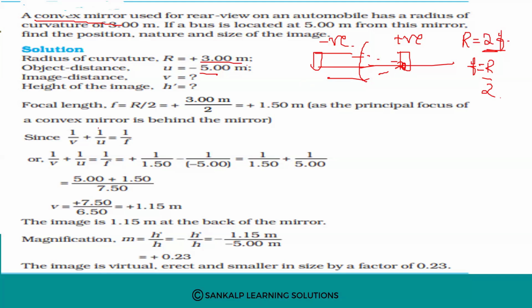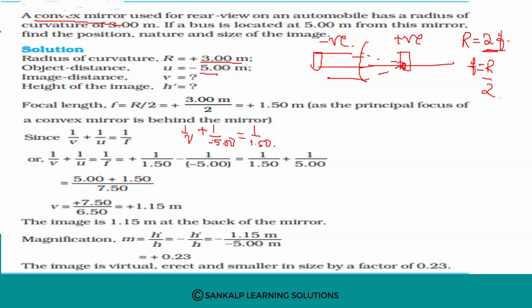Now, 1 by V plus 1 by U is equal to 1 by F. This is the formula. Here F they have not given directly; the R they have given, so by using this R we can find out the value of F. 1 by V plus 1 by minus 5.00 is equal to 1 upon 1.50.